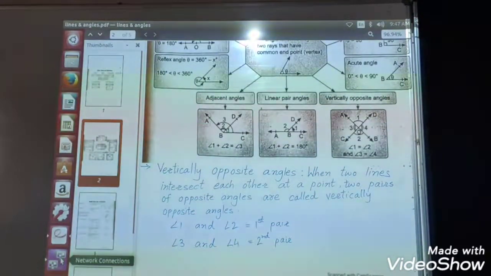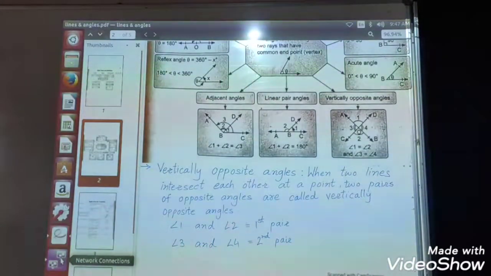That is angle AOD, that is angle number 1, and angle COB, that is angle number 2. These both make a vertically opposite angles pair. Similarly, another opposite angles pair, that is angle 3 and angle 4, that is angle AOC and angle BOD.